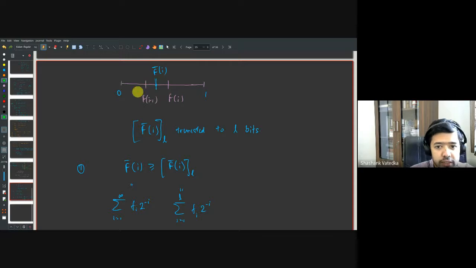So in the worst case, f bar of I truncated to L bits, the code word, is going to lie somewhere in this green interval of length 2 to the power minus L. Is that clear?